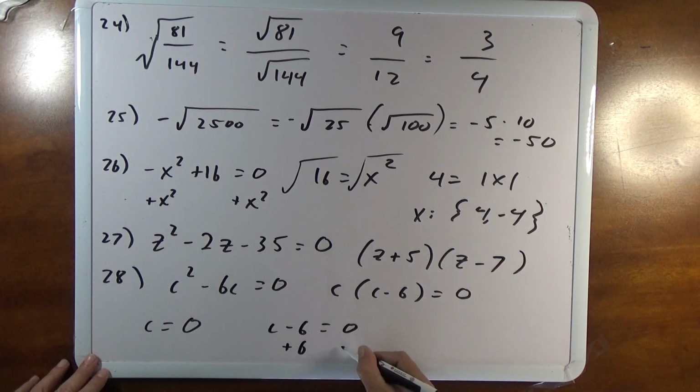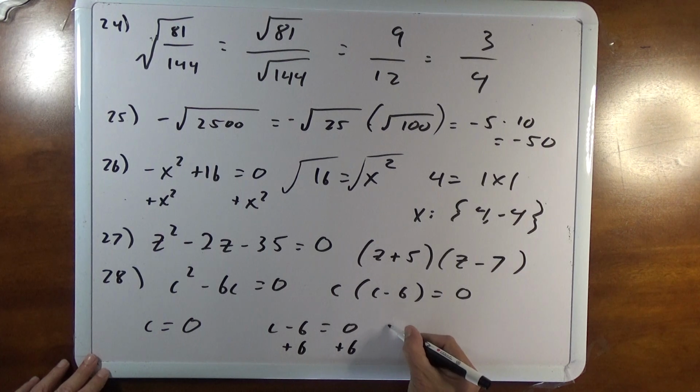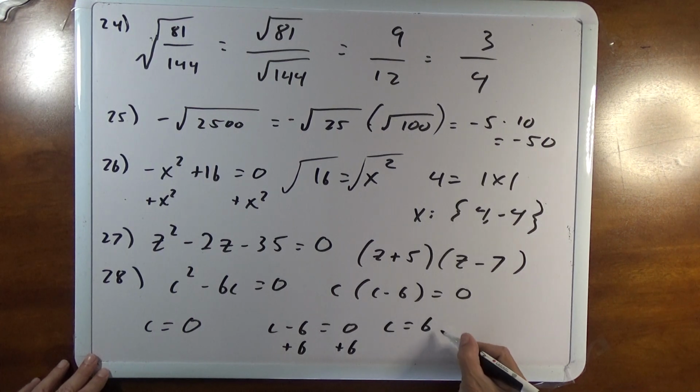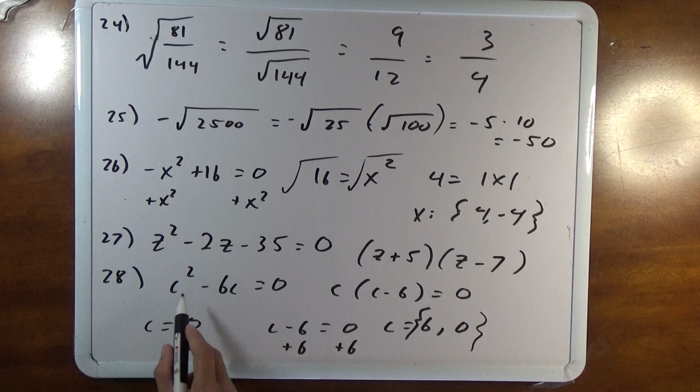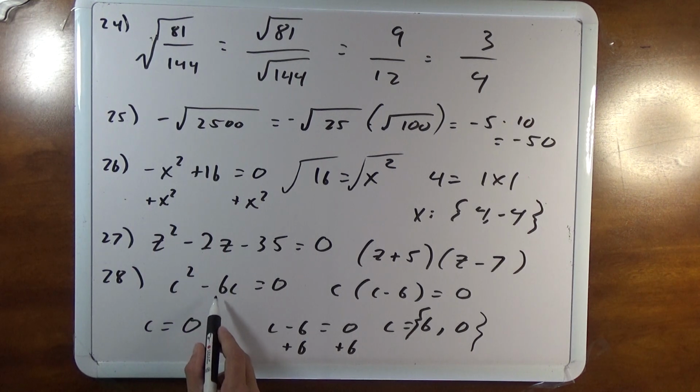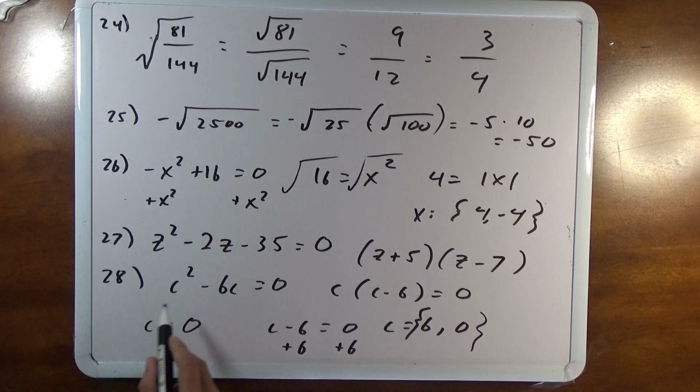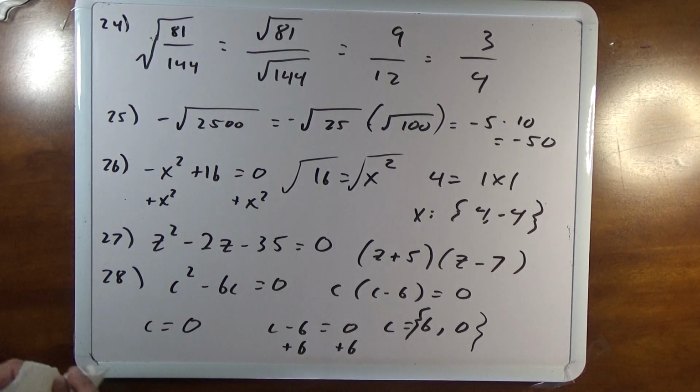And so here I'll add a 6. C is equal to 6, and then my other solution was 0. And then 0 minus 0 is 0, and 6 squared is 36 minus 6 times 6 or 36. That also zeroes out. Right, so if a product is equal to 0, it means that any of its factors would be equal to 0.